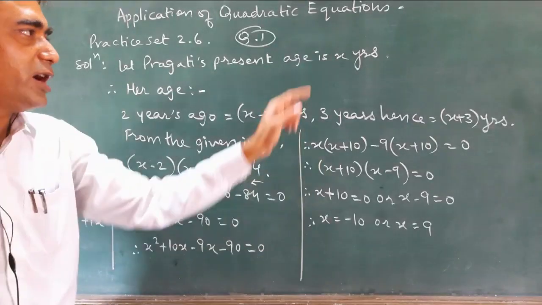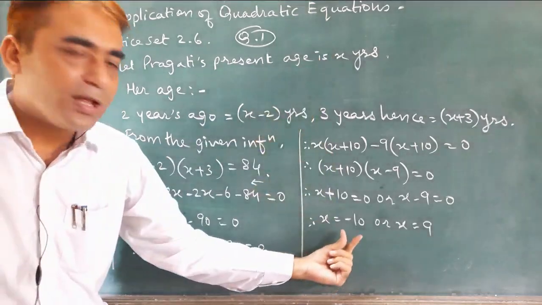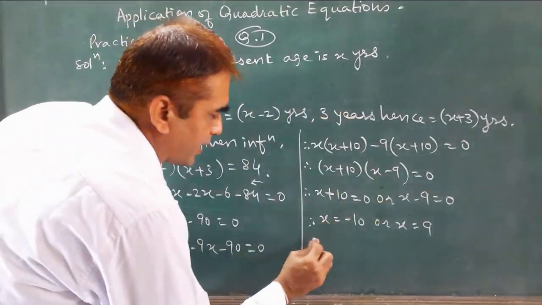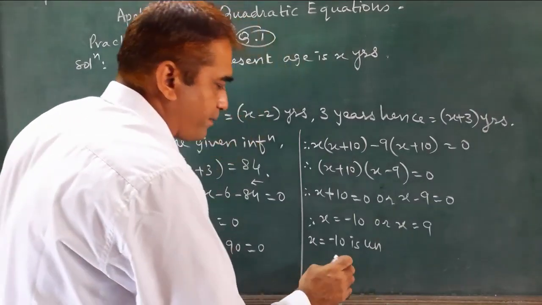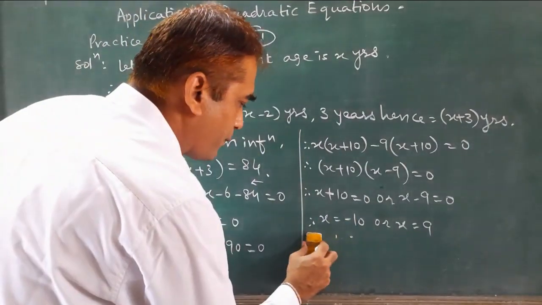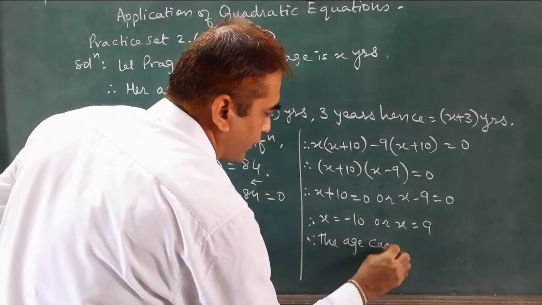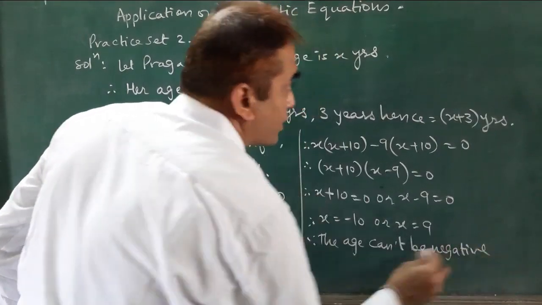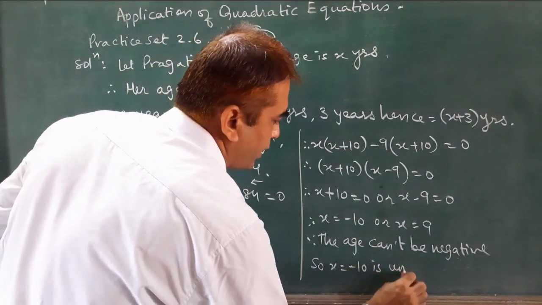Now what we have assumed is that x is the present age, and can the age be negative? Age cannot be negative. Therefore x equals negative 10 is unacceptable. First we will write that as the age can't be negative, x equals negative 10 is unacceptable.